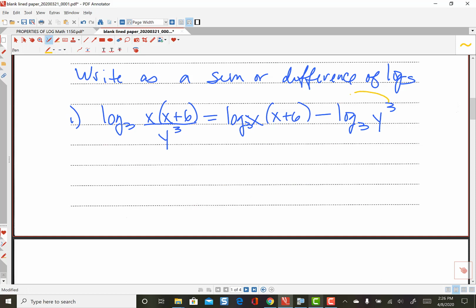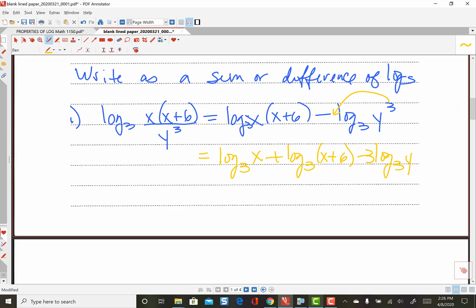The other thing is I've got an exponent here that needs to come out in front. So I would have the log base 3 of x plus the log base 3 of x plus 6 minus the log base 3 of y cubed. Oh my goodness, let me move that exponent. I said it and I didn't do it. Shame on me. So let's put that right there.